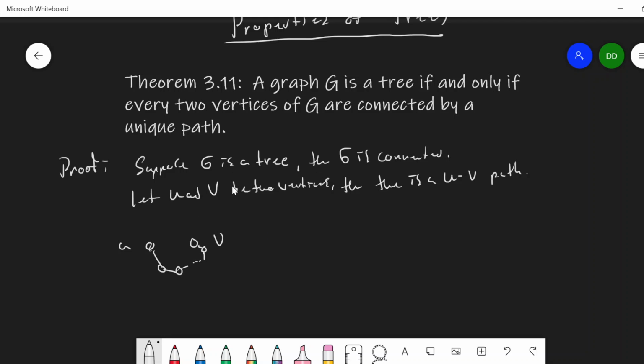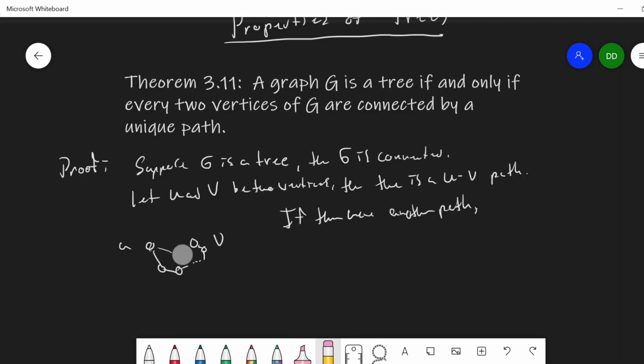And if there were another path, some other path between U and V, it would produce a cycle.